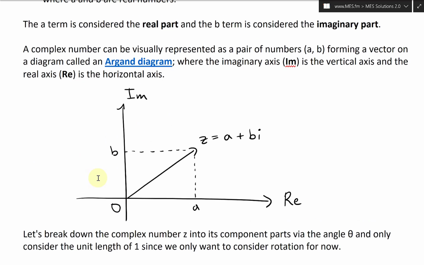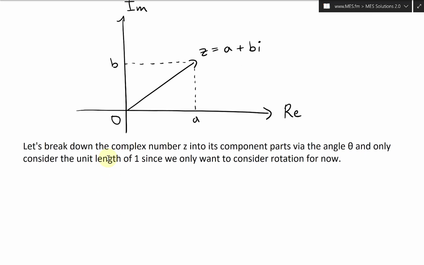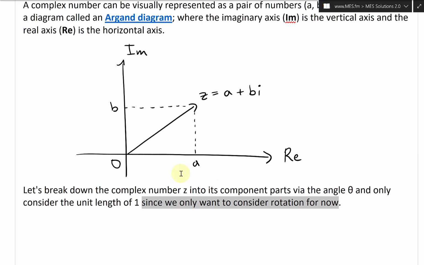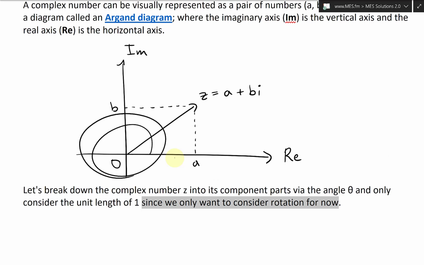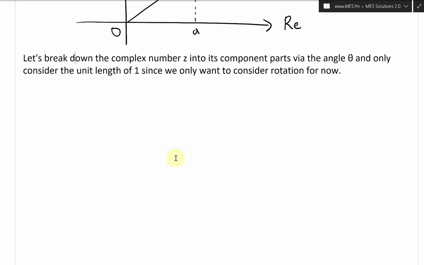So now let's break down the complex number z into its component parts via the angle theta, and only consider the unit length of 1, since we only want to consider rotation for now, so we don't want to deal with the length and so on. We just care about the rotation. So let's draw the imaginary and the real.